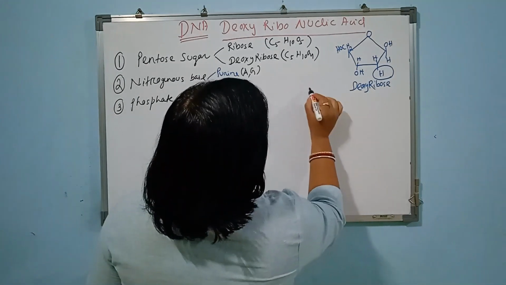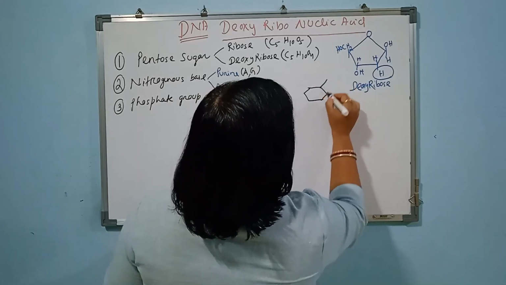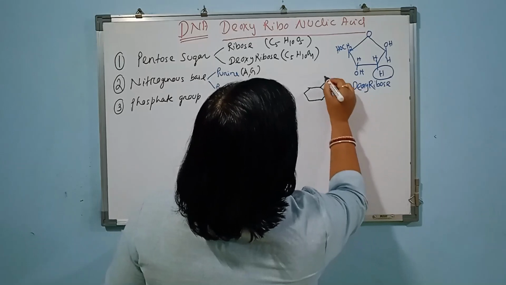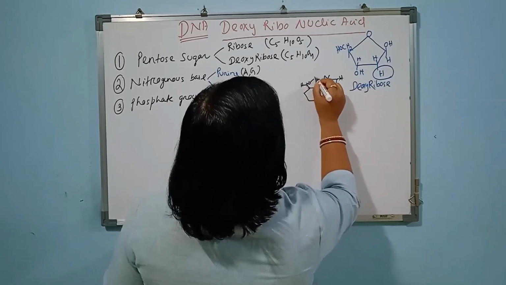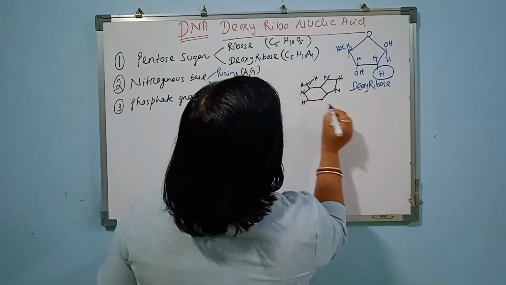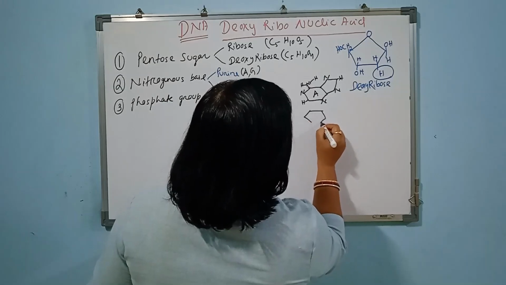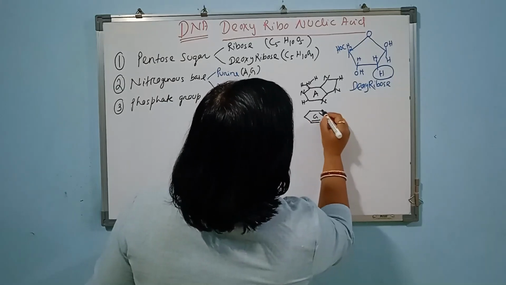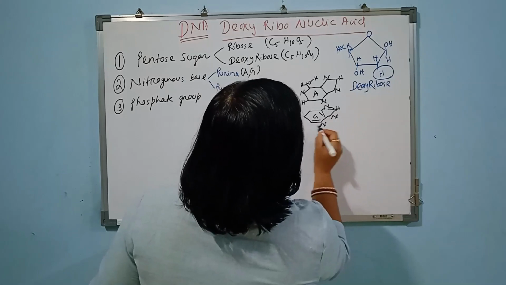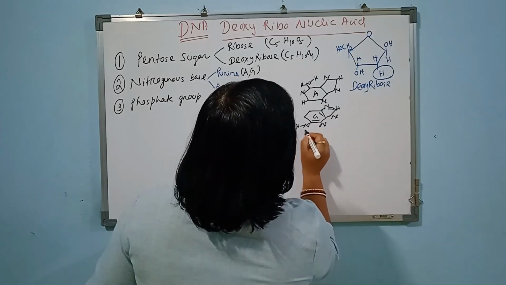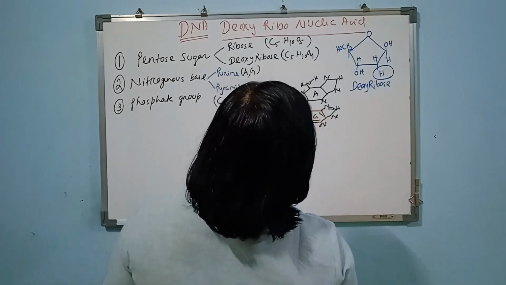If I make its structure, this is the structure of adenine. This is the structure of guanine.